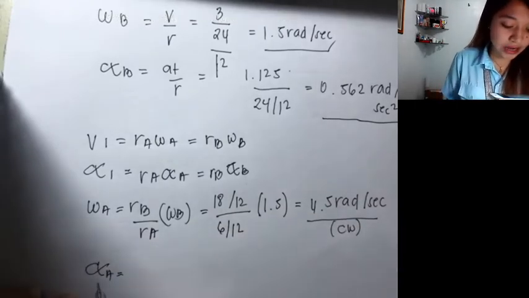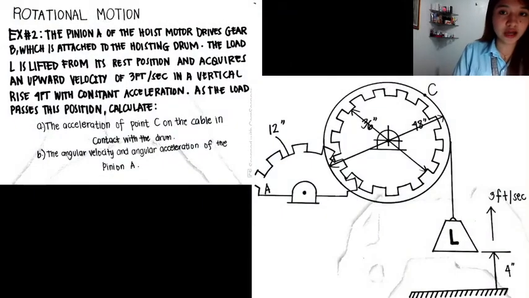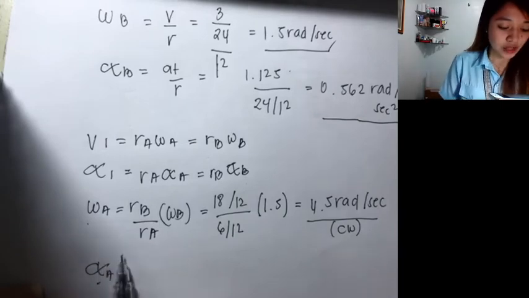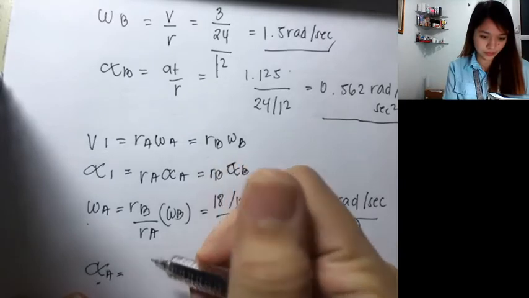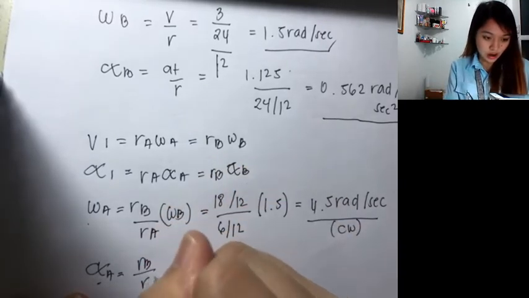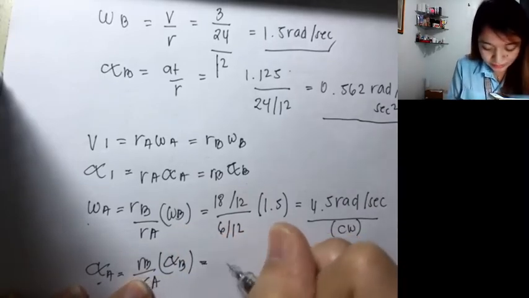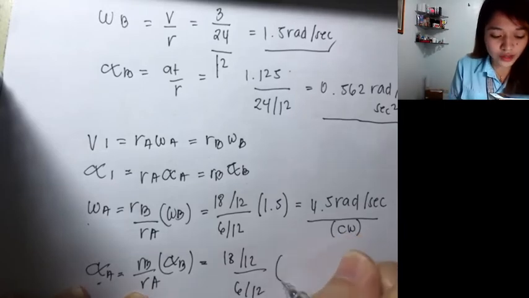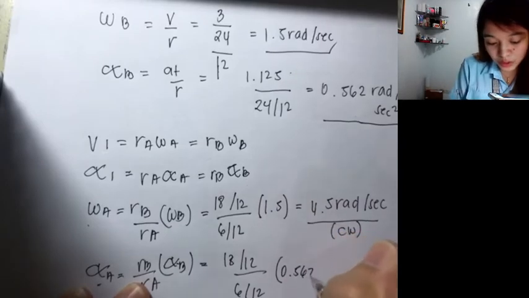This is for angular acceleration and this is for angular velocity, since the problem asks for the angular velocity and acceleration of point A. So this is point A. This is for RB over RA times angular acceleration B, same as before: 18 over 12, 6 over 12, and alpha B, which is 0.562.